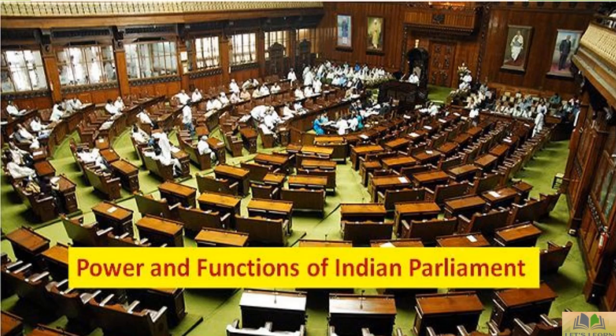Now the features of the presidential government. Unlike the Indian Constitution, the American Constitution provides for a presidential form of government. The features of the American presidential system are as follows. First, the American president is both the head of state and the head of government. As head of state, he occupies a ceremonial position.